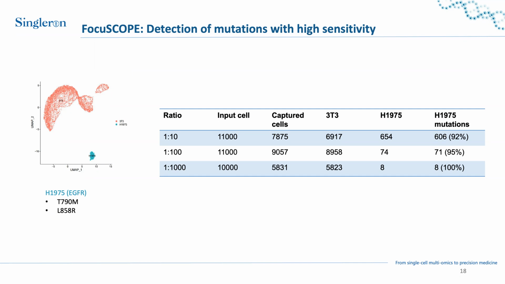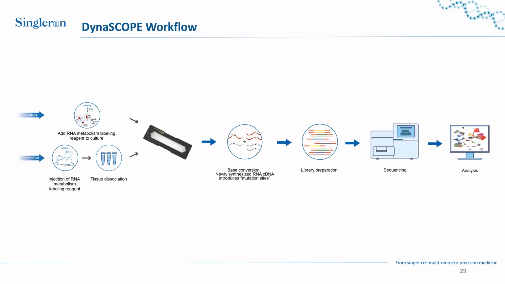Next question is regarding DynaSCOPE. How long is the duration of the treatment, the effect on cell viability, and when to choose injection, when cultivation. They would like to know these points. So, when to choose injection and when cultivation.